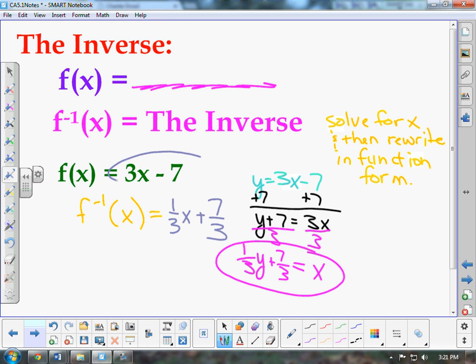So now 3x minus 7 and 1/3 x plus 7/3 are inverses of each other.